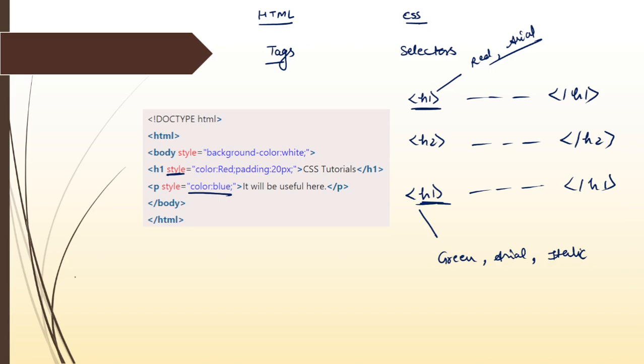With this, what we need to write here is h1 style, color red, padding 20 pixels, then close h1. Similarly, if I want another h1, like h1 style equals color green, then close. This is my second h1. Then we need to close the h1 tag.